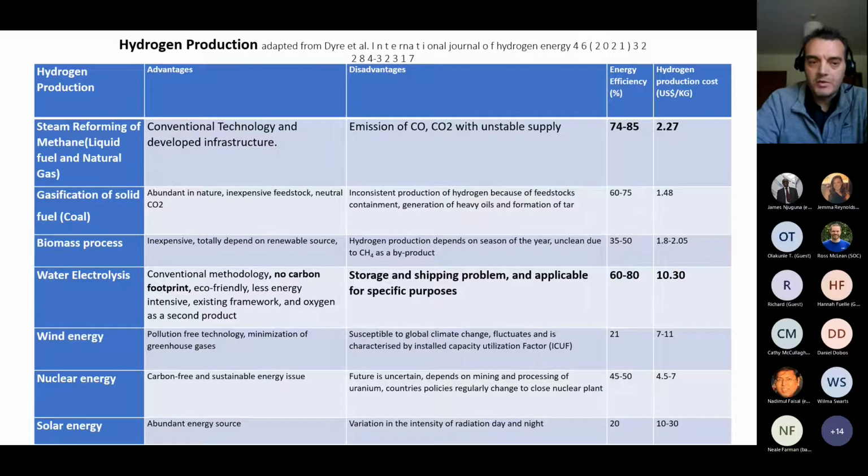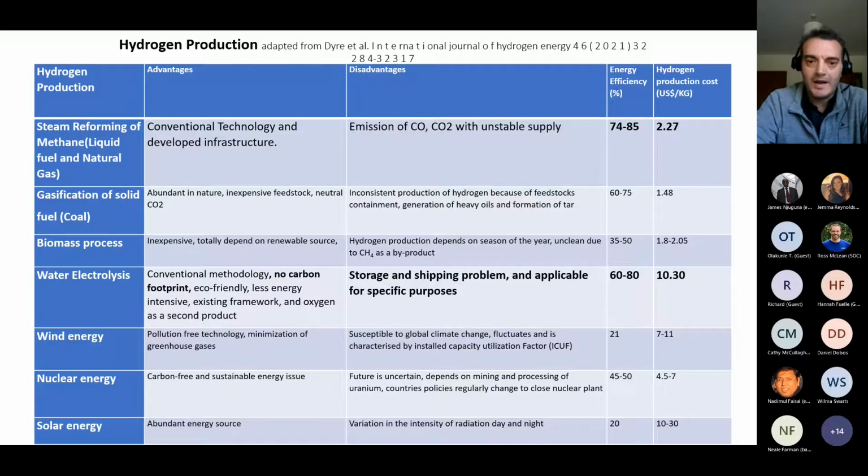The other one, which is very interesting, is the one we are focusing on today, which is water electrolysis. Some interesting advantages, as I highlighted there in bold, are no carbon footprint, which is actually very interesting. The disadvantages of water electrolysis are the storage and shipping problem, and that it is applicable only for specific purposes.